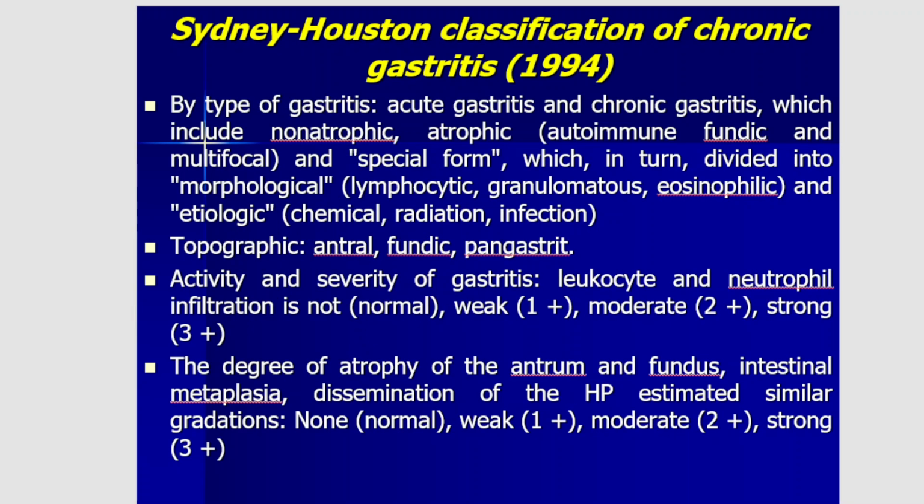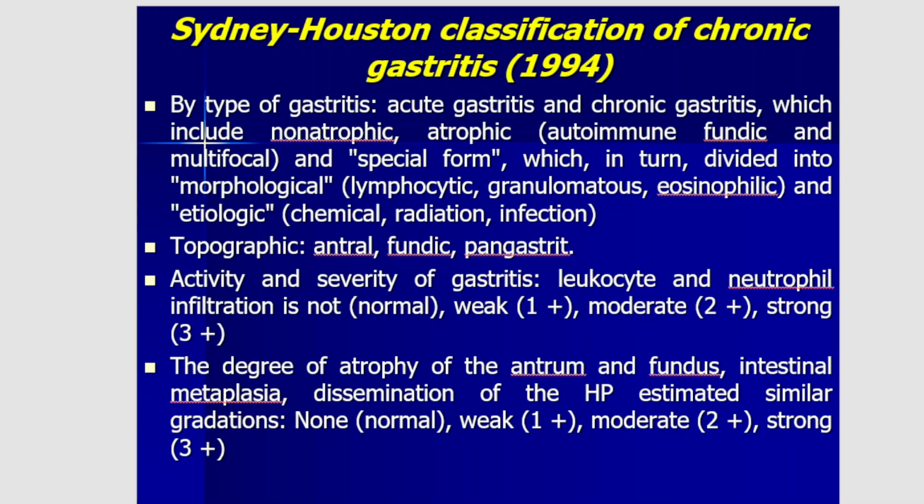Sydney-Houston classification of chronic gastritis. Types of gastritis: acute and chronic, non-atrophic, atrophic, and special forms, for example, lymphocytic, granulomatous, eosinophilic, chemical, radiation, and infectious gastritis.